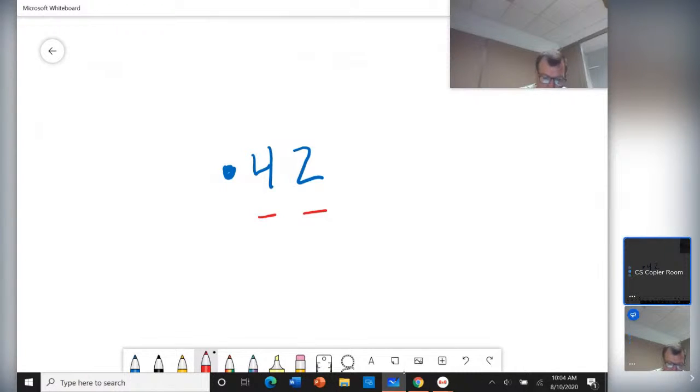So what we're going to look at is the number in the hundredths place, which here is the 2. That 2 is less than 5, so we're not going to change anything. If we rounded this to the nearest tenth, the answer is going to be 4/10.